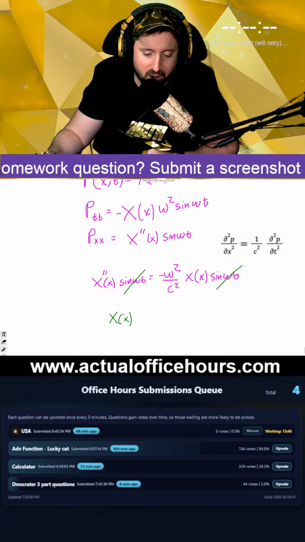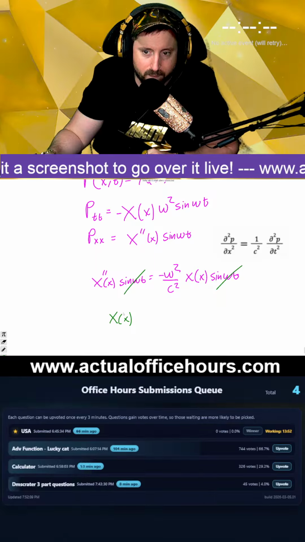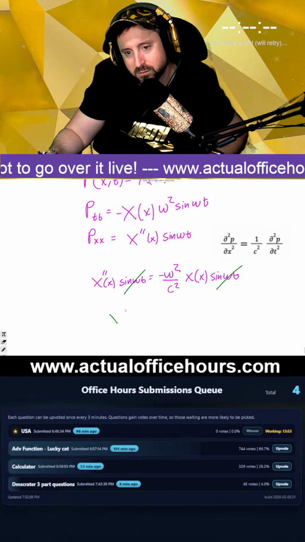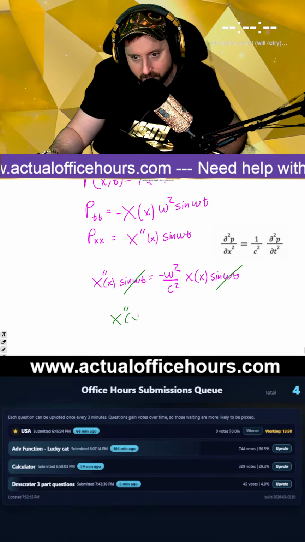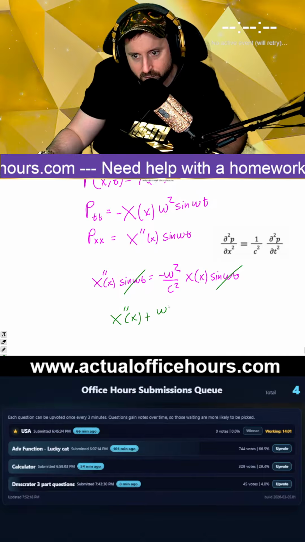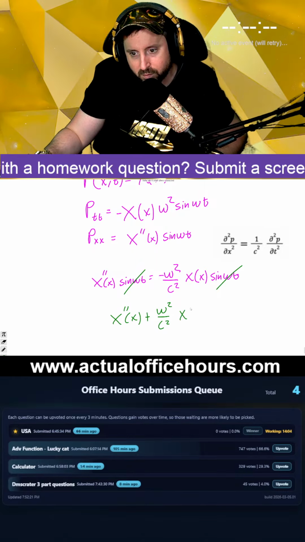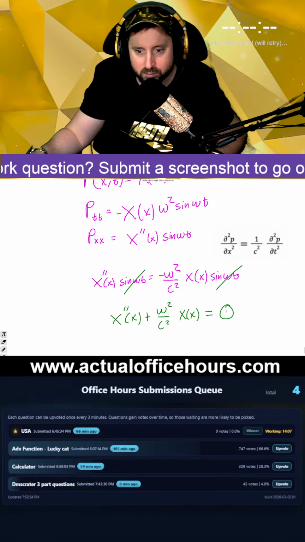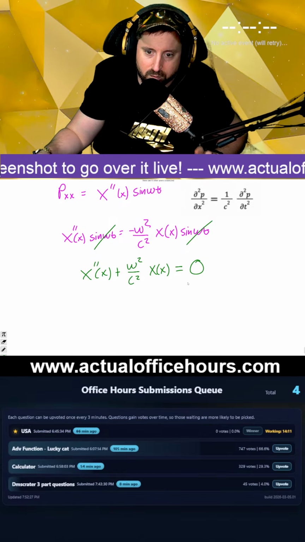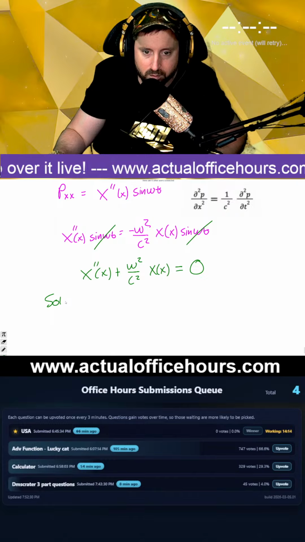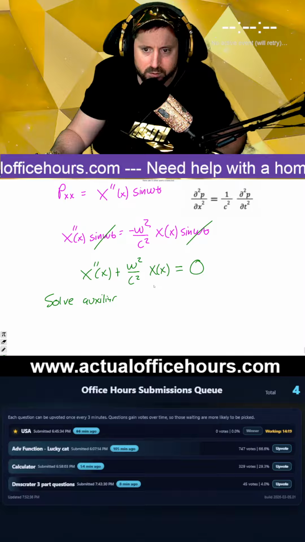This is like the simple harmonic oscillator. Yeah, we did one just like this earlier. So you just move your right hand side over. So you would get X double prime of x plus omega squared over c squared X of x equals 0. And then we can solve what's called our auxiliary equation. And you would get roots at negative 1 and 1, right?